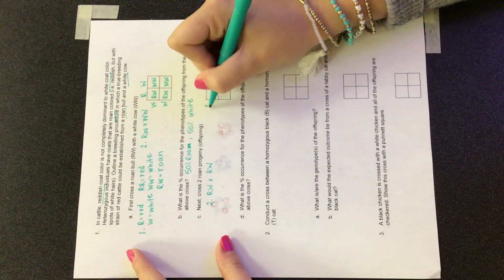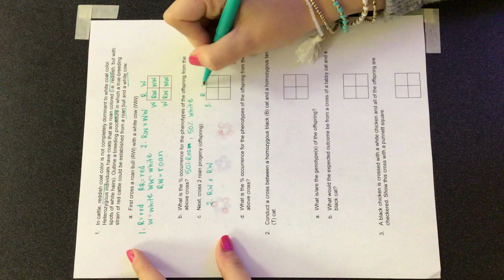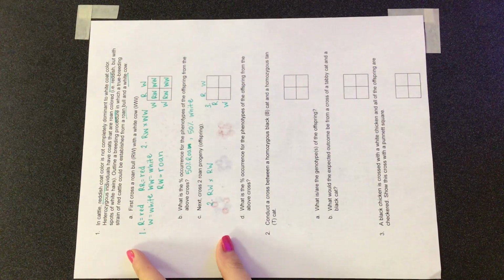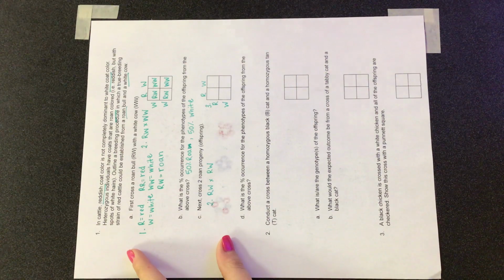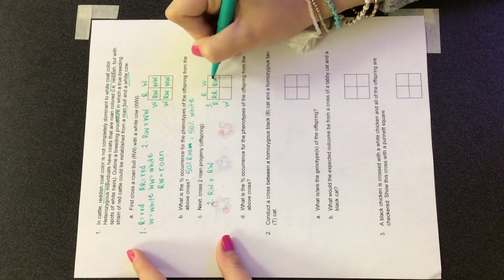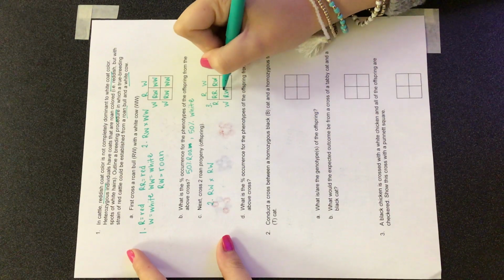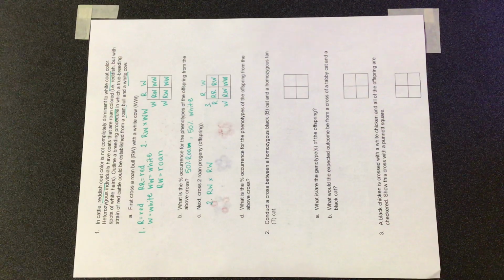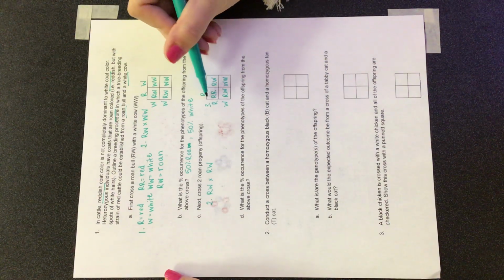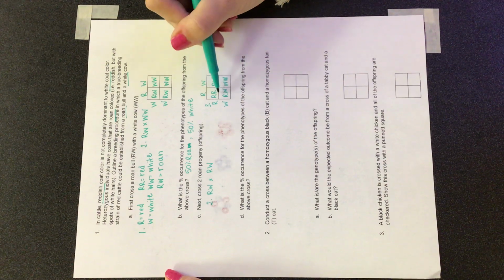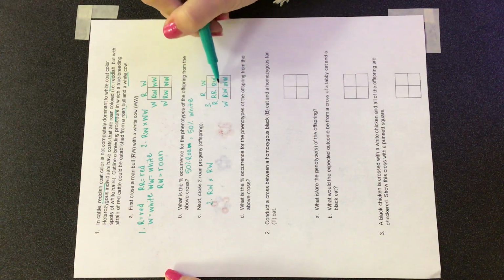And when I cross my 2 roan parents, I get 25% red, 50% roan, and 25% white.